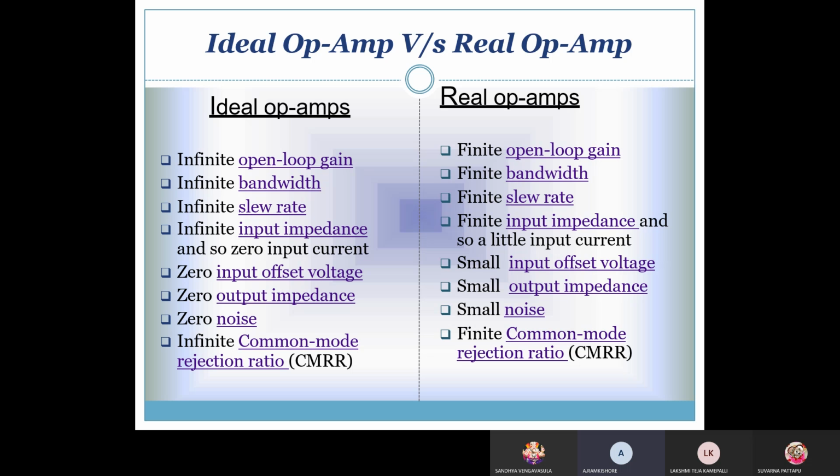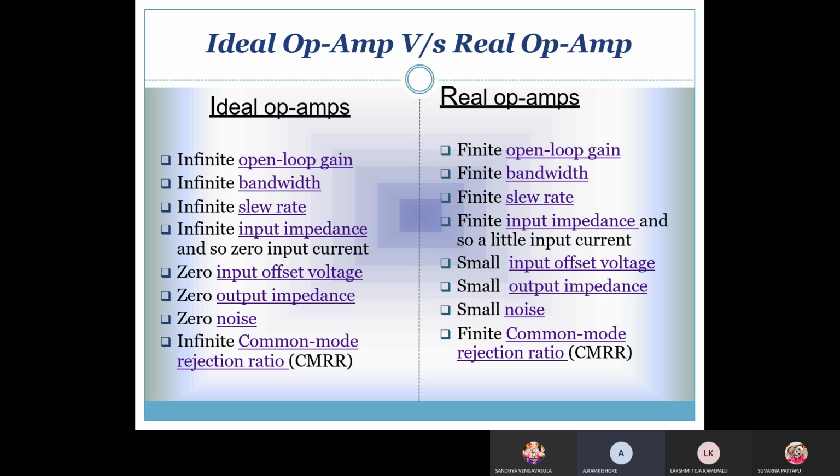So the input stage requires two input terminals with high input impedance and low output impedance. This can be achieved by using a dual input balanced output differential amplifier.